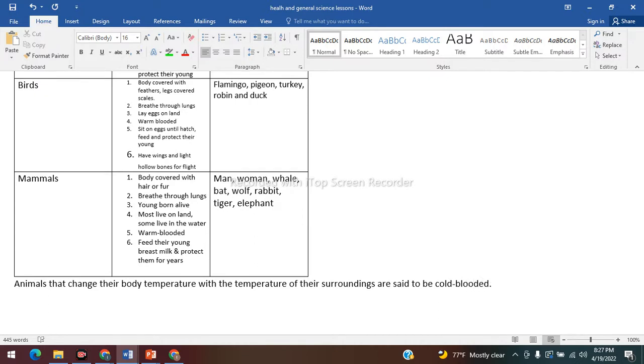So they change their temperature with the temperature of the surroundings. But warm-blooded animals, like she said, keep a consistent body temperature.